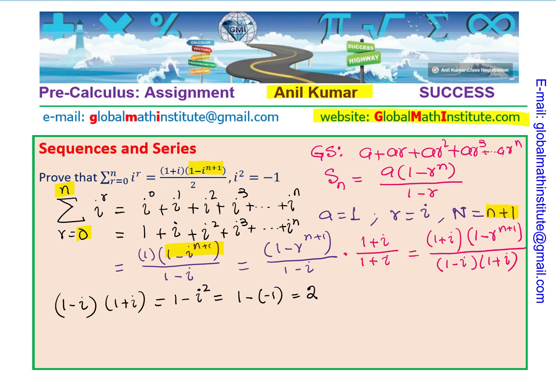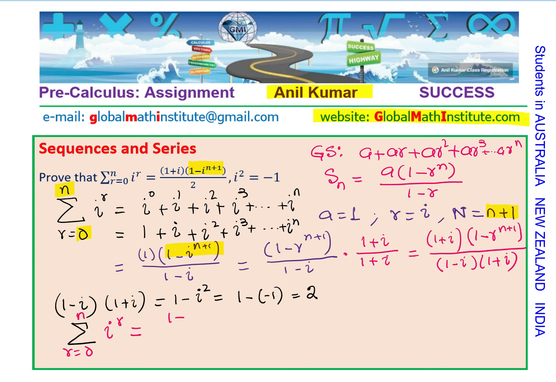And therefore we can say that this sum of the series, from r equals 0 to n of i to the power of r, is indeed equal to 1 plus i times 1 minus i to the power of n plus 1, over 2. I should have written i here, not r.